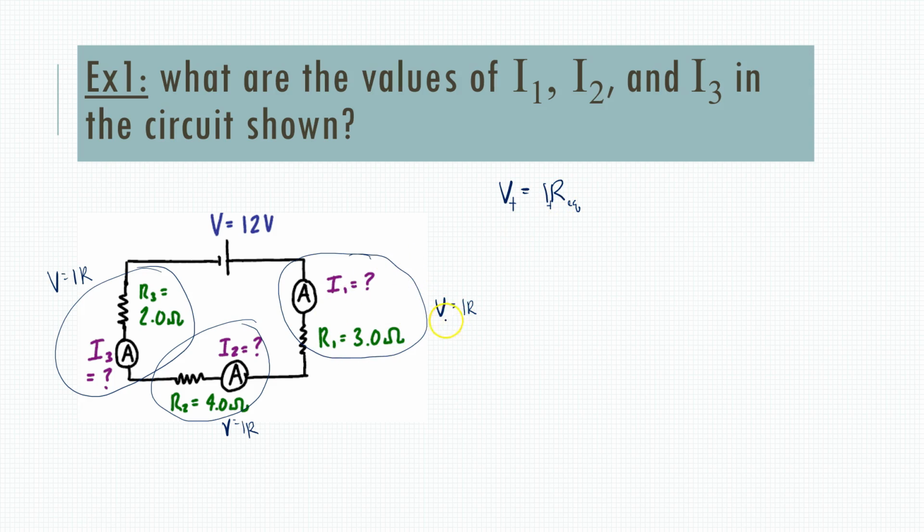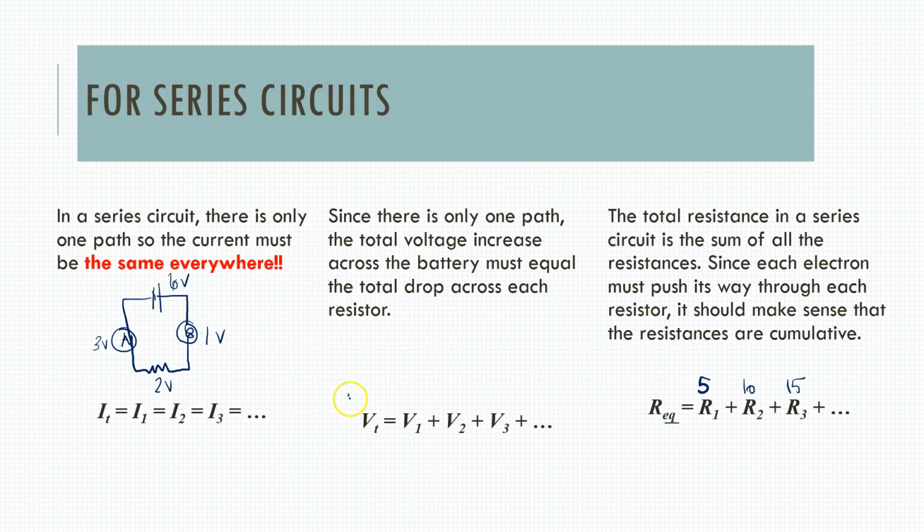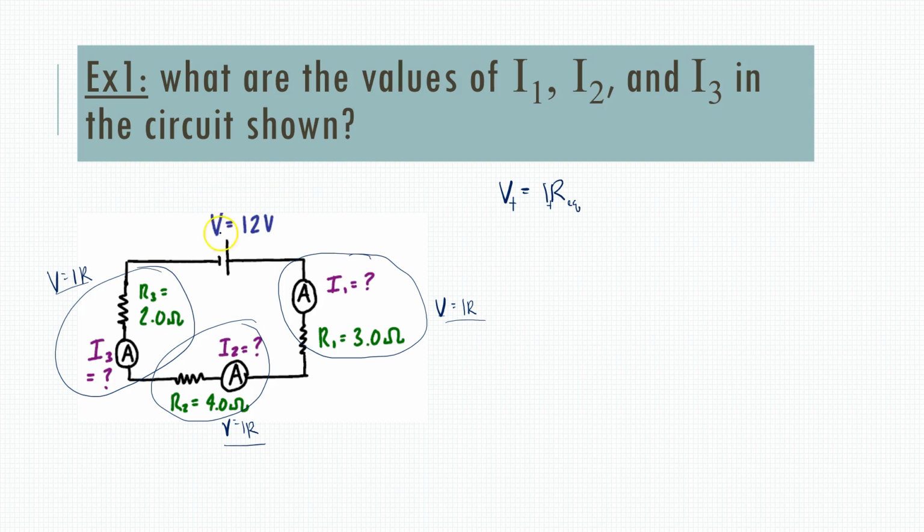The problem with doing these little bitty ones right now is that I don't know the voltage at each of the places. Because look at what we just said about series circuits. The voltage is not the same throughout. It's added up. Hopefully you see what I'm saying. I know the total voltage, but I don't know the voltage at each spot. So what we're going to have to work with to start with is the total stuff. We know that the total voltage is 12.